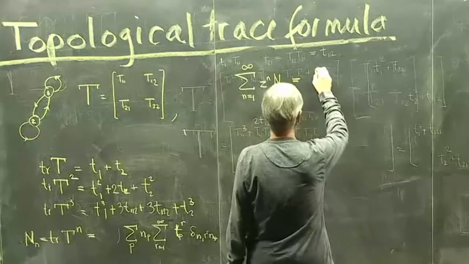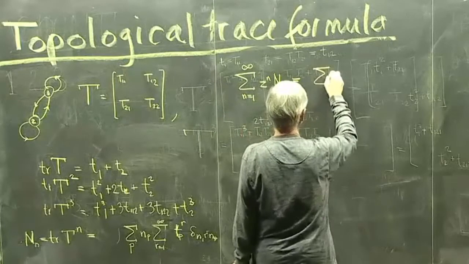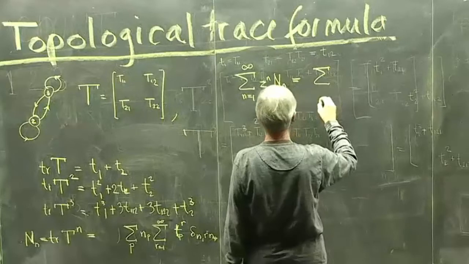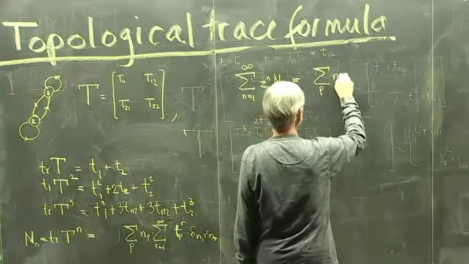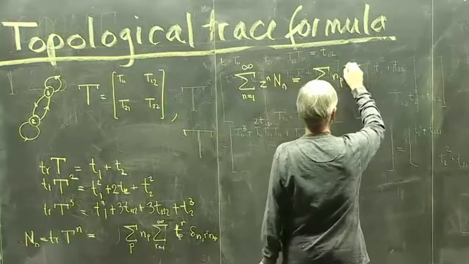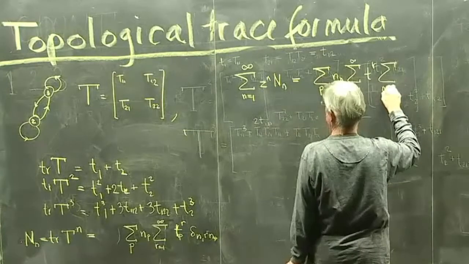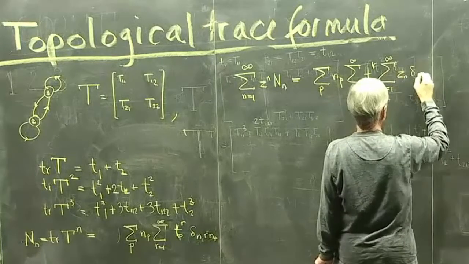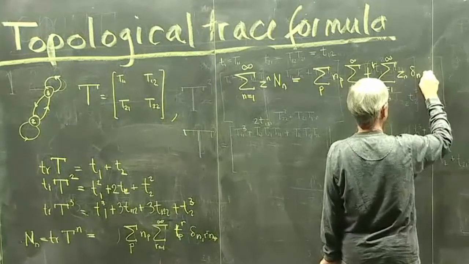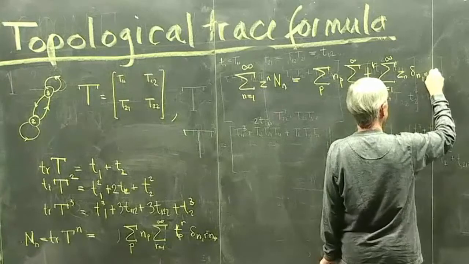That will be the sum of prime cycles. The sum of their repeats goes from 1 to infinity, z^n delta function, and prime cycle repeated r times.